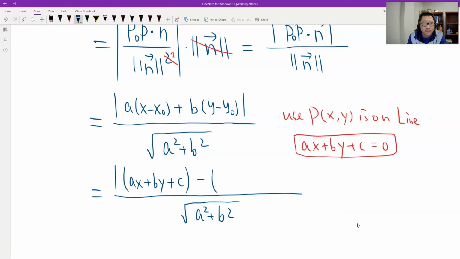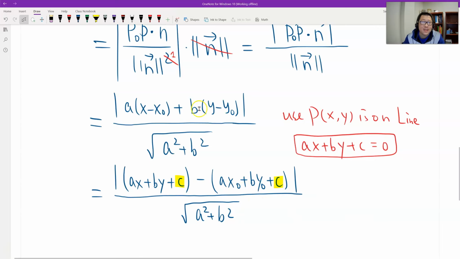And what we have left is a x0 plus b y0. And I have to add another c, because the c and the c should cancel, right? c minus c is 0. You can see this is exactly the same. I can plug this in here. So this disappears, right? It's 0.